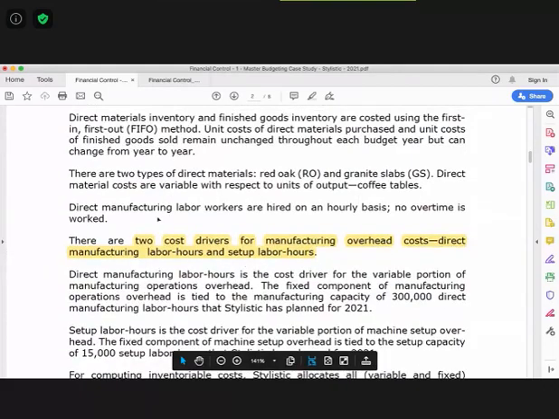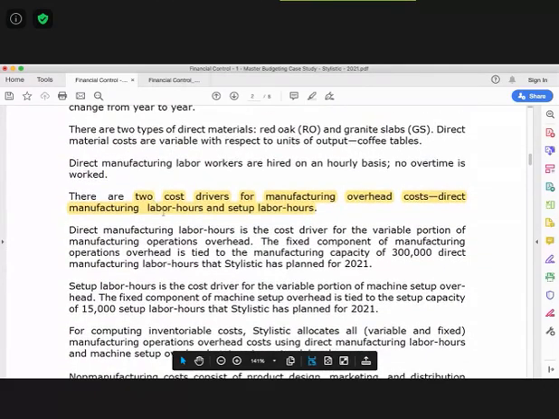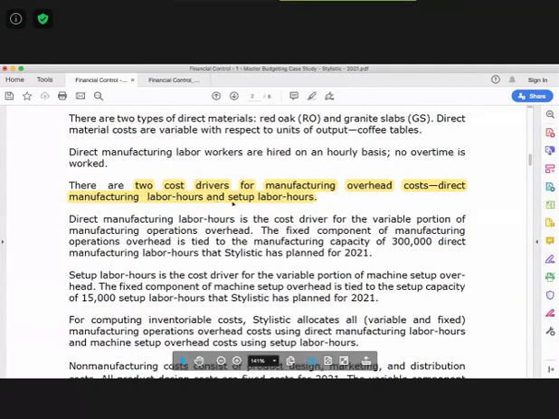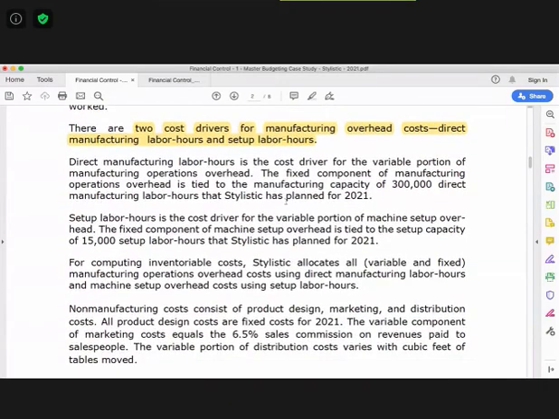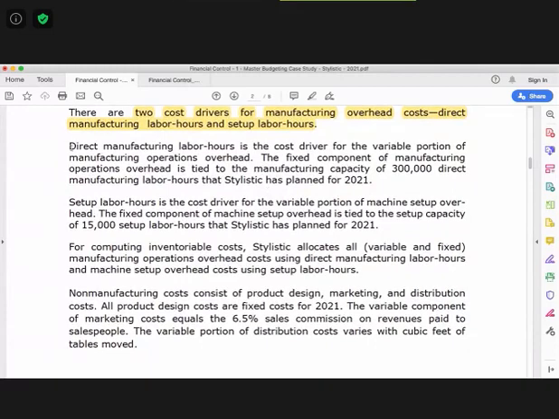Yeah, there are two cost drivers: manufacturing labor hours and setup labor hours. Direct manufacturing labor hours is the cost driver for the variable portion of manufacturing operations. Actually, we don't care about variable or fixed. This is the same driver. And setup labor hours is a cost driver for machine setup.